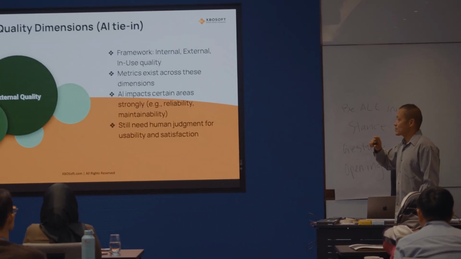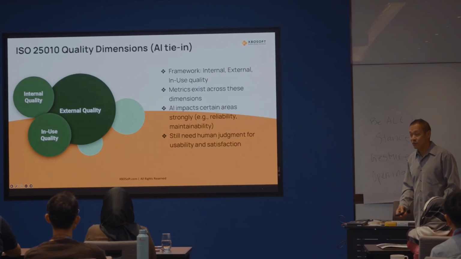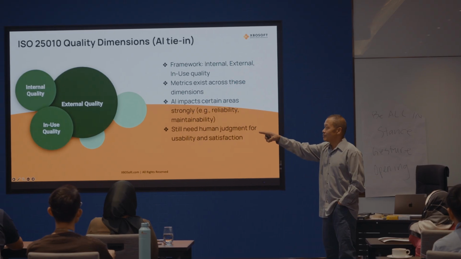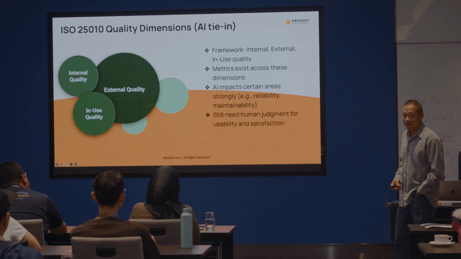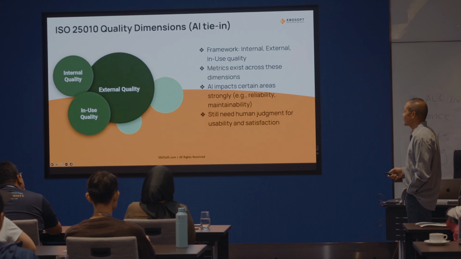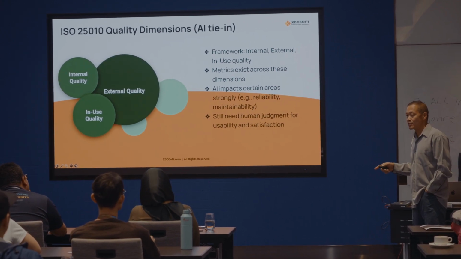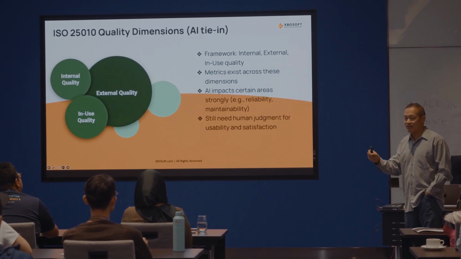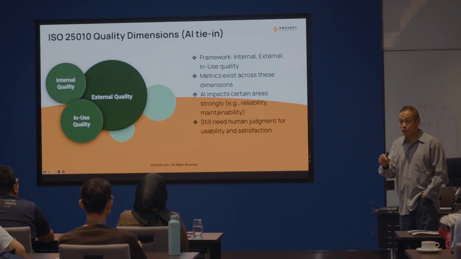So the dimensions of software quality: we have internal quality, external quality, and quality in use. Just like I said, you have other dimensions like people, right? Progress. So metrics exist across all of these dimensions, and it's important to think about the different dimensions, that you should collect metrics in different places along your process, according to different roles.